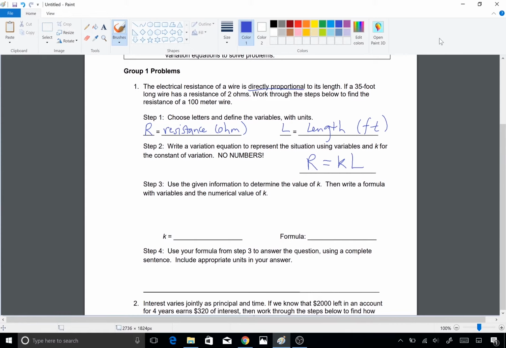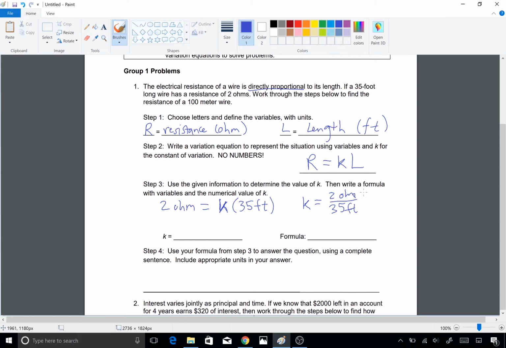Step 3, find K. We're given 2 ohms equals K times 35 feet. So if I divide both sides by 35 feet, I'll have K equals 2 ohms over 35 feet.